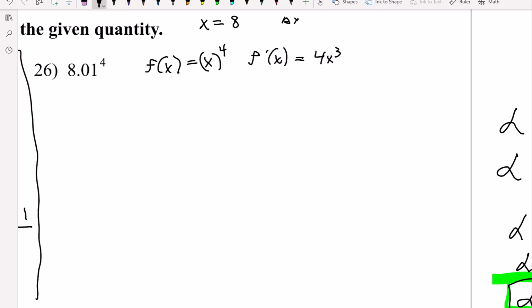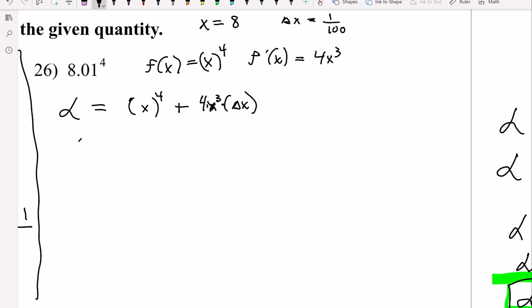The delta x is one hundredth. All right, so linear approximation is f of x, which is x to the fourth, plus the derivative, 3x cubed, times delta x. Oops, except that's 4x cubed. Knew that looked weird.